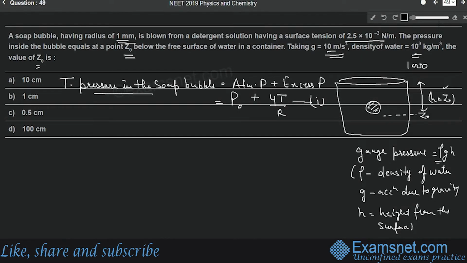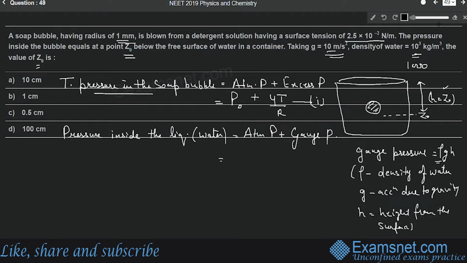So let's write it down here. Pressure inside the liquid, that means water, will be equal to atmospheric pressure plus gauge pressure.